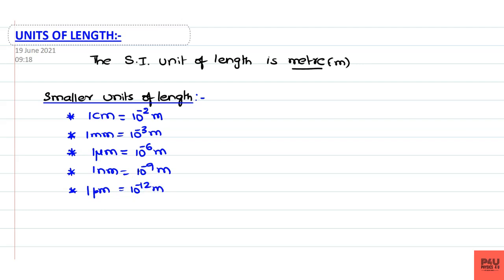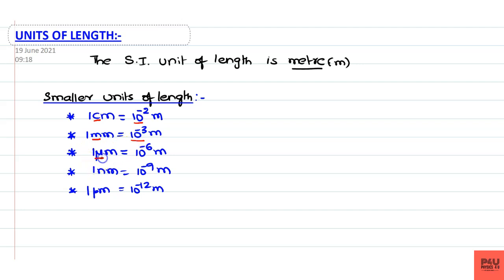So already we have studied in the last class the prefixes used for the smaller units. Smaller units are centi, milli, micro, nano, pico, etc. The value of centi is 10 power minus 2. The value of milli is 10 power minus 3.